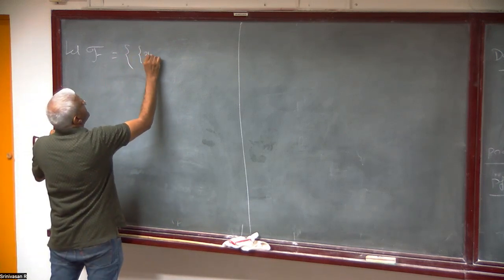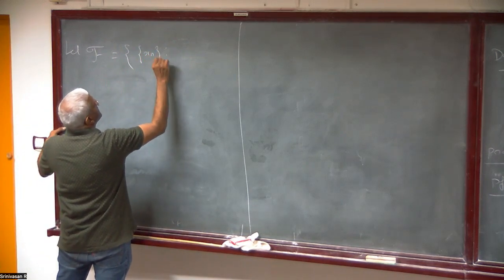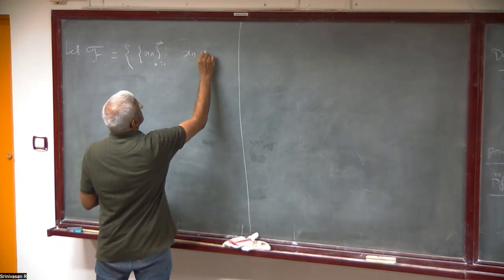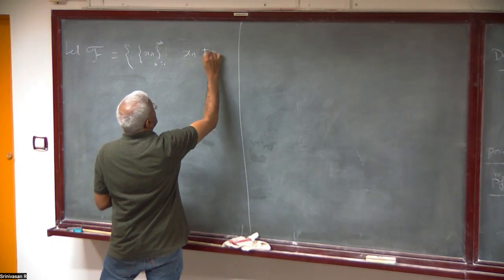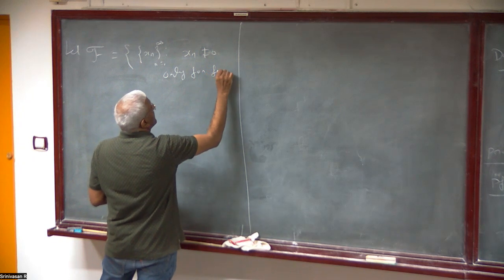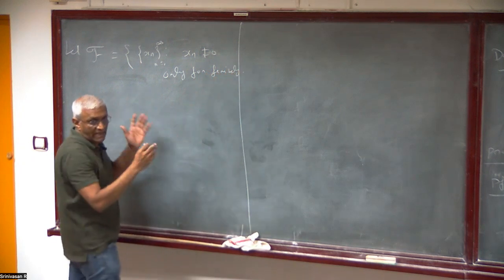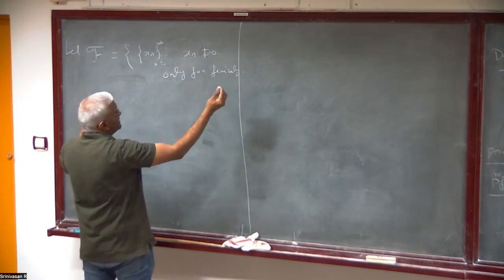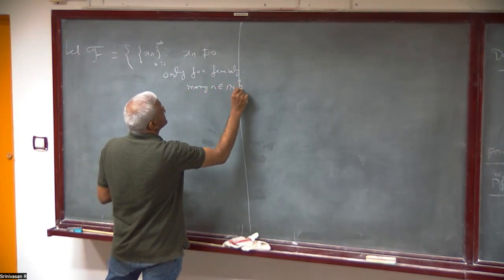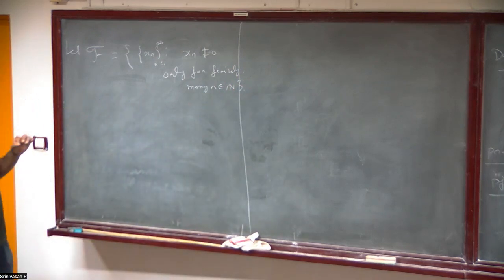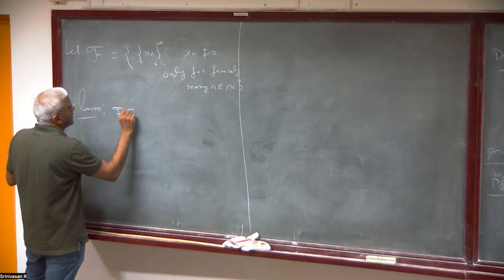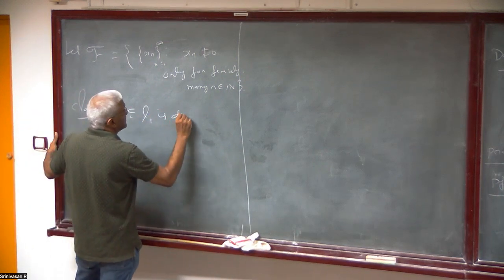Let script F be all sequences such that Xn is not equal to 0 only for finitely many n. That is, after some n, it is 0. Finitely many. So the claim is that F is dense.